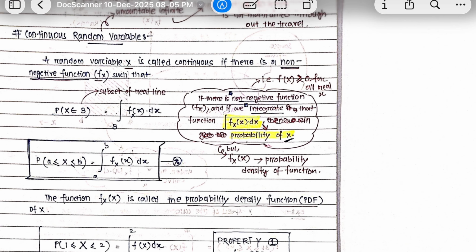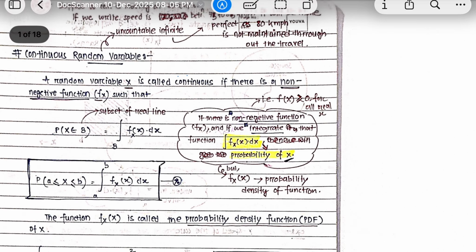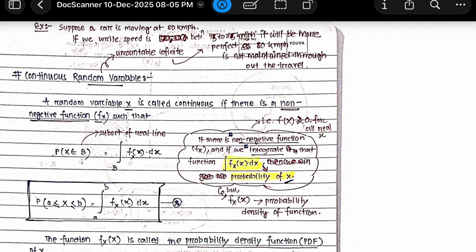Here the first thing is the continuous random variable. Suppose you have a car and you're saying that the car is moving at 80 kilometers per hour. Is it possible that this is true for every situation?